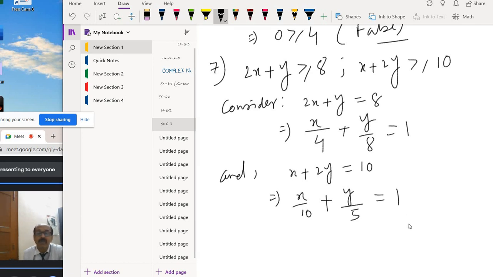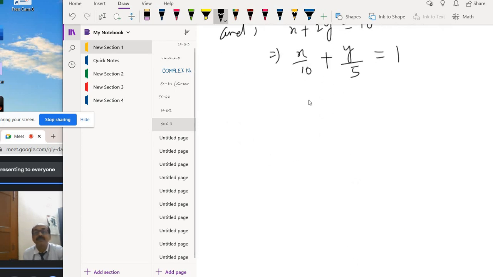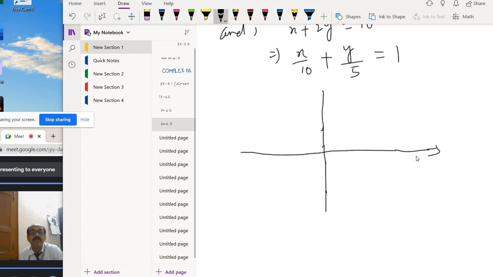Okay, now draw the x-axis and y-axis. Write X dashed, Y dashed.